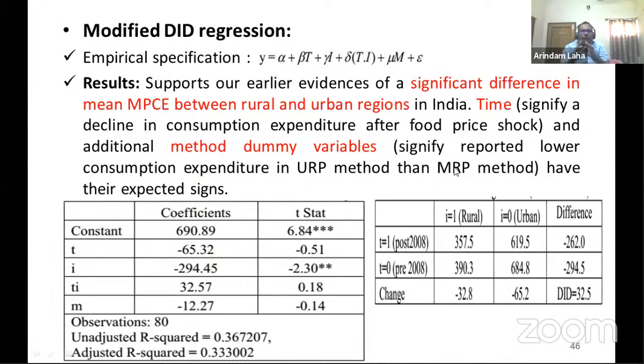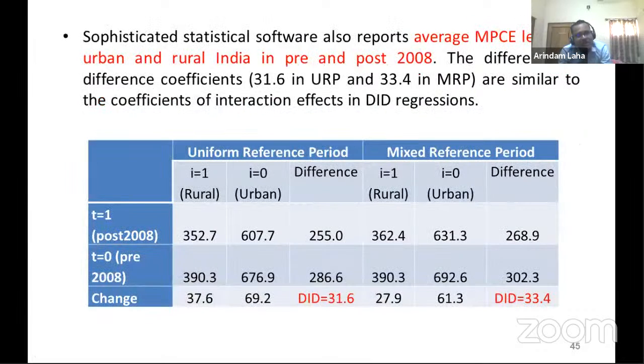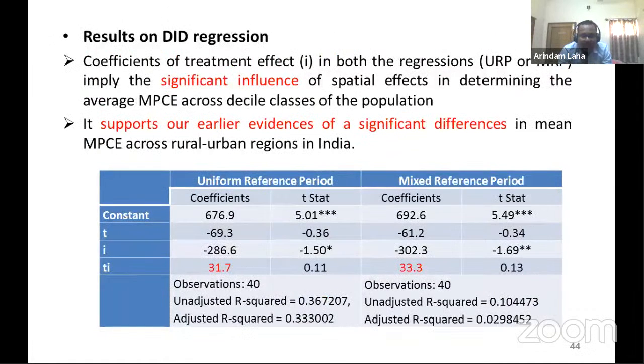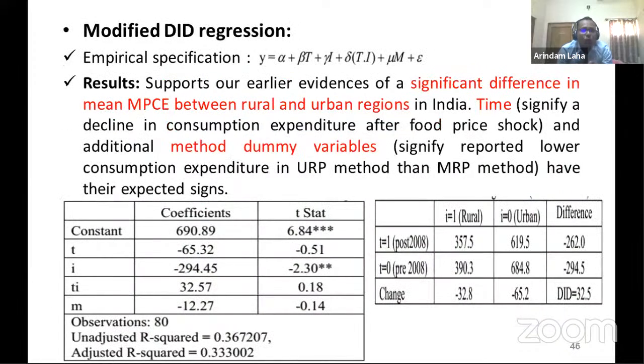So if you use one more dummy variable, you can combine your data set. We have a data set for the uniform reference period and the mixed reference period separately, and we also have a data set by pooling the data. How is it possible? We have used another dummy variable.